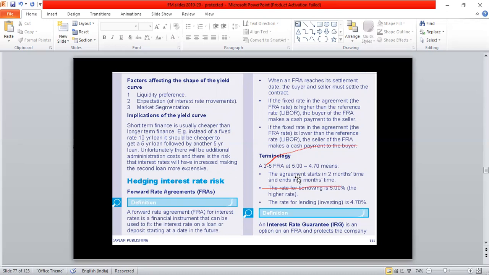Market segmentation. In the market segmentation theory, various investors get attracted to different types of investment patterns, short term investment, long term investment. So we see different types of investors looking at different maturity time periods.